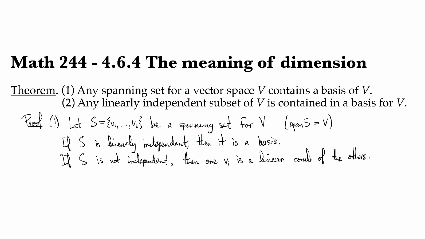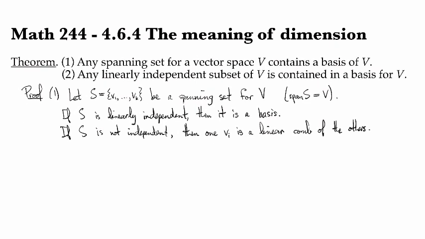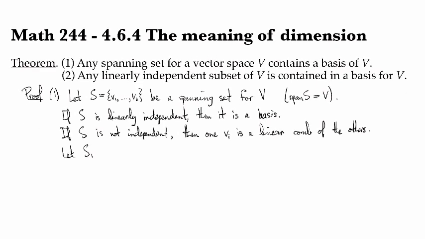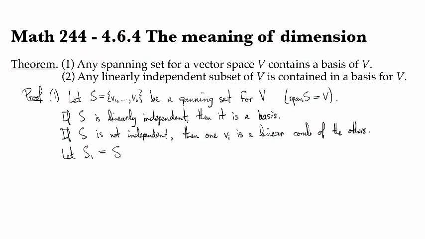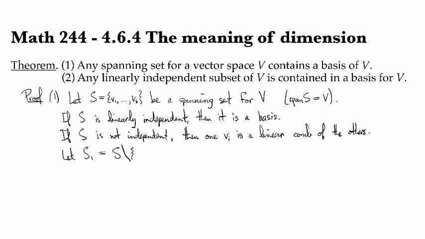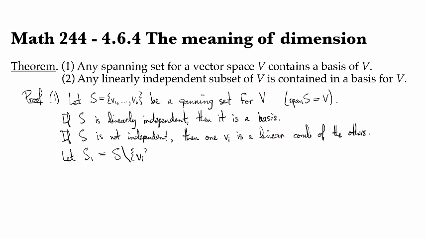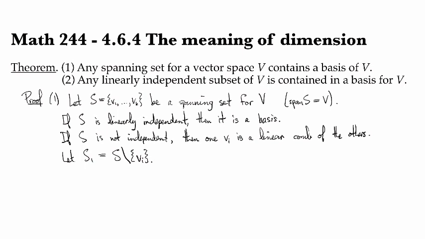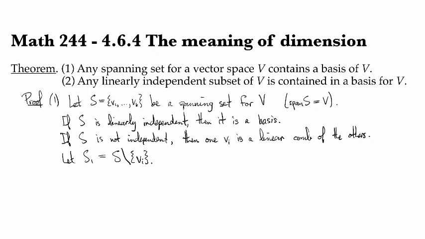Okay, so then remove it. So let S1 be S minus whichever one can be written as a linear combination of the others. Okay, and then rinse and repeat.